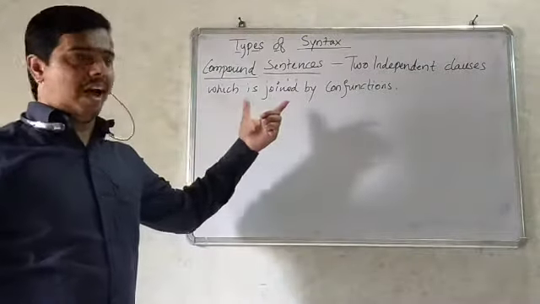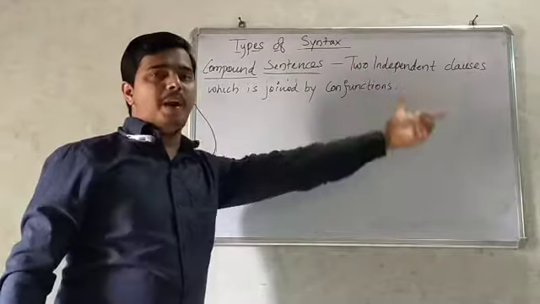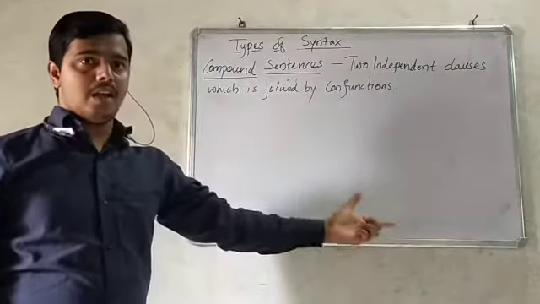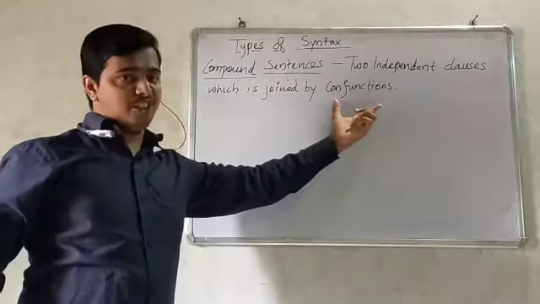In these kinds of sentences, you will find two independent clauses along with the conjunctions which join them.